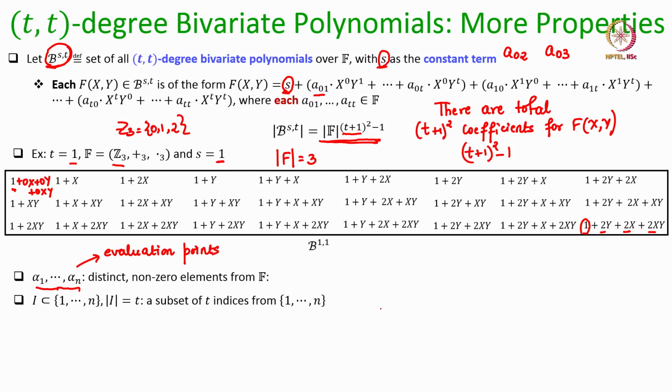And among these n evaluation points, I focus on a subset of t evaluation points. So, there can be any t evaluation points.